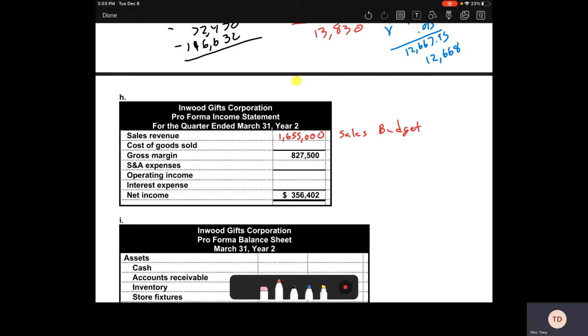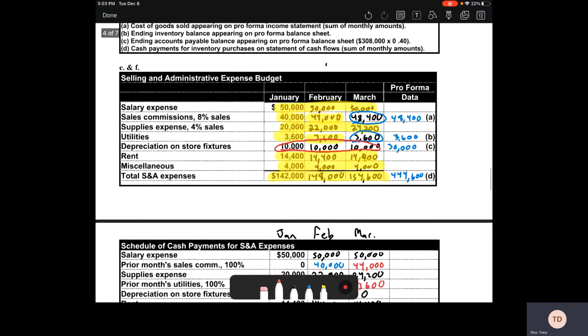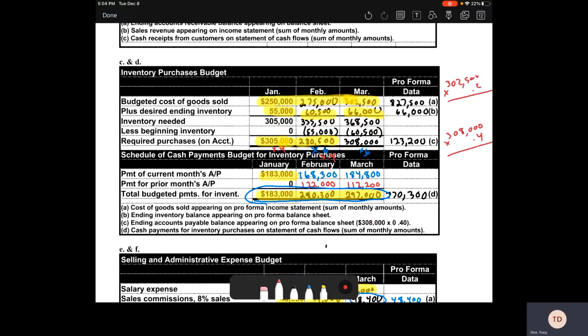Next, we need our costs of goods sold, and this is going to come from our purchases budget. So we find our purchases budget right up here. What's our budgeted cost of goods sold? That's going to be this pro forma A, 827,500.